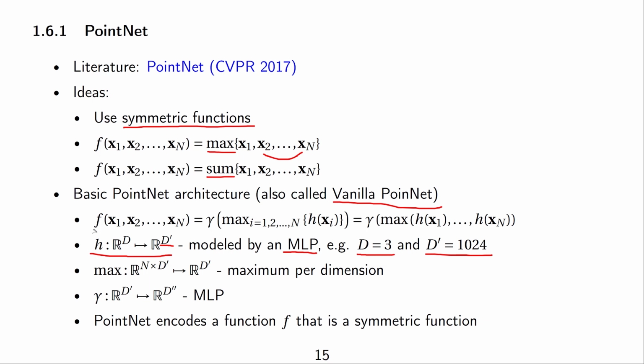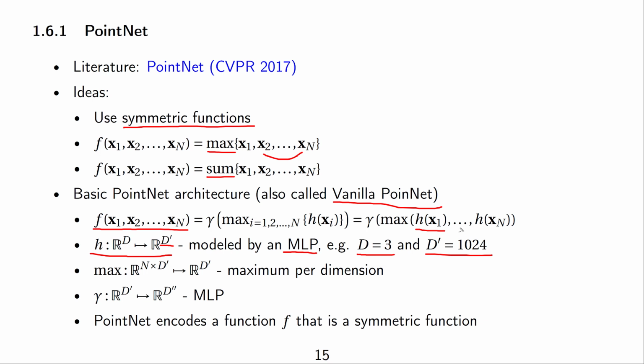So now let's go back and ask what is the function f that vanilla PointNet computes given a set of points as input. For each point x_i, we separately compute this function h. So this point x1 will be sent through the MLP, and h(x_i) outputs a 1024 dimensional feature vector for this point.